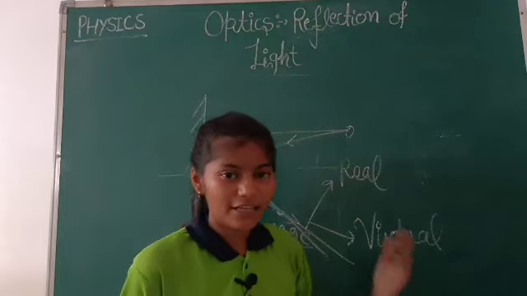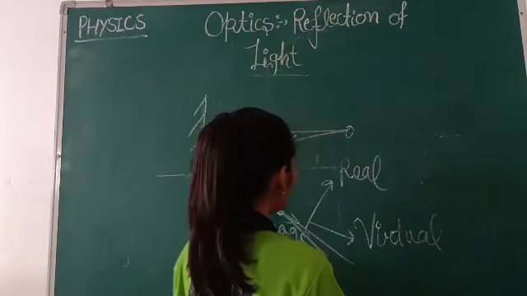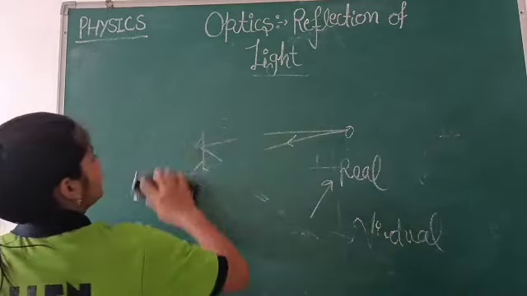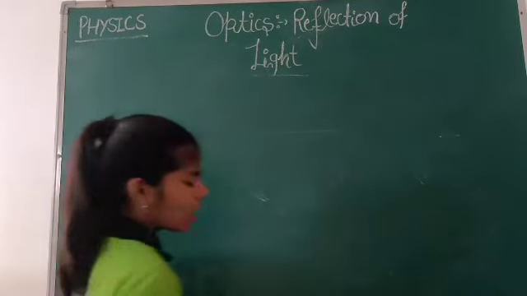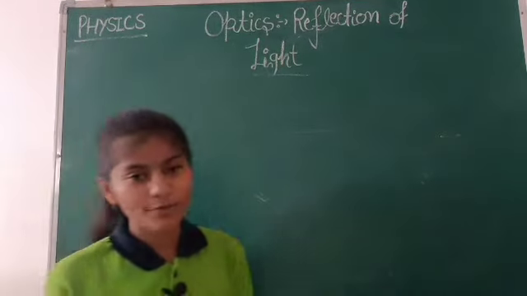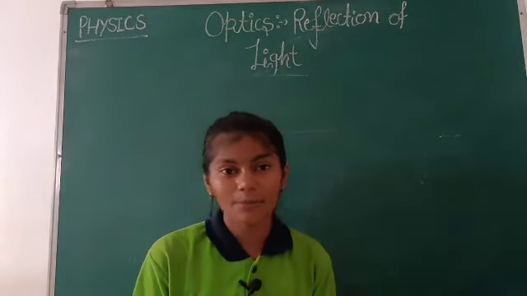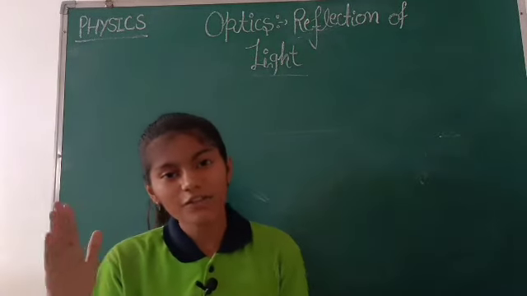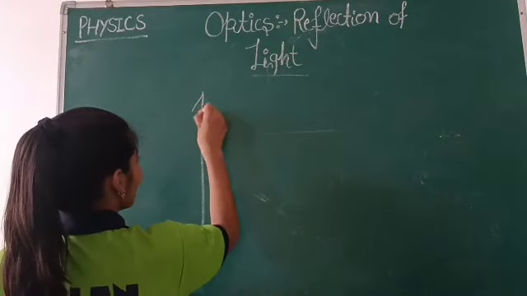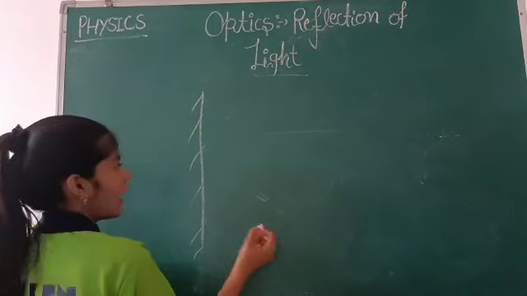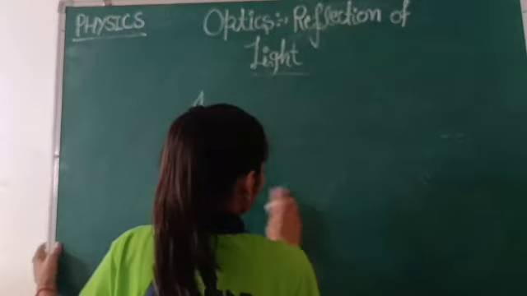Let's talk about the reflection from plane mirror. Now we have different kinds of mirror. As I told you, plane mirror is something which has a plane surface. How reflection takes place is very easy. We just have to understand a few terminologies.